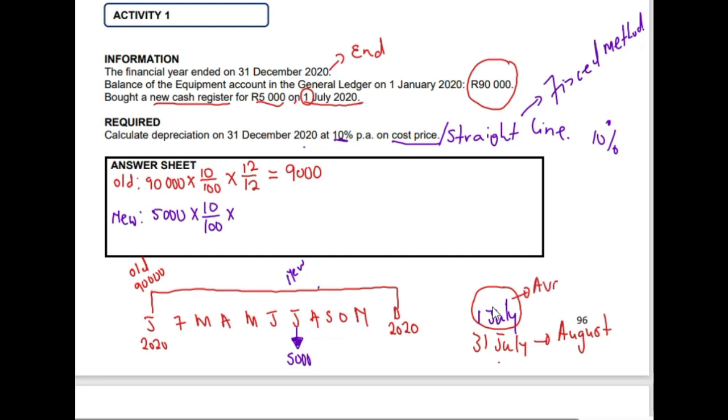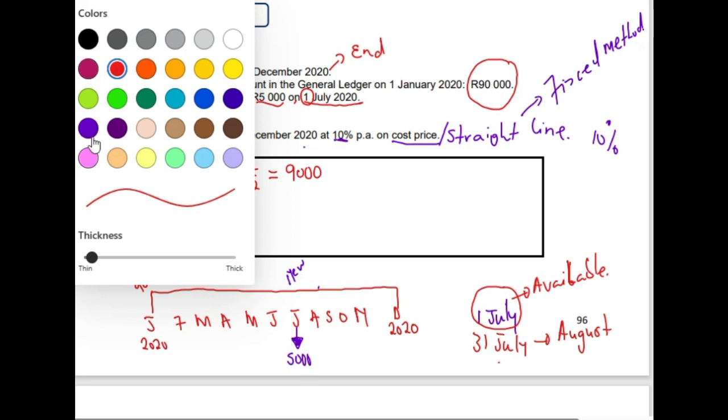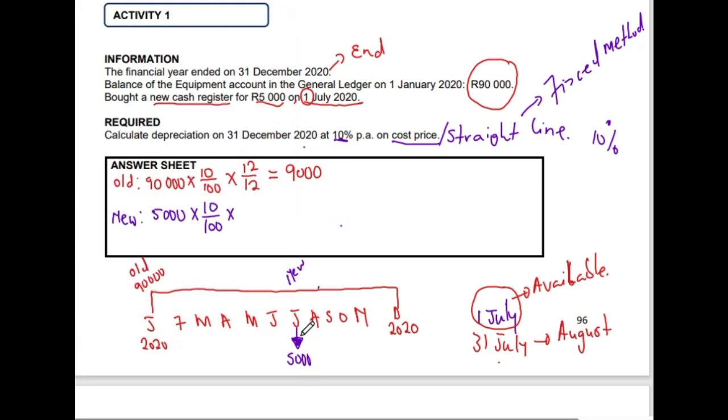So we are going to start counting from July, because it was bought on the 1st of July. It's 1, 2, 3, 4, 5, 6, meaning the new equipment will be available in the business for a period of 6 months. And then it's 6 divided by 12.